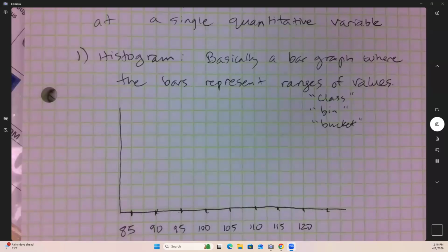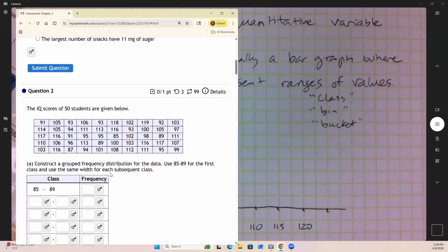So we come back to our data. All right, now we have to scan and say, all right, what about everything between 85 and 90? So I've got 1, 2, 3, 4.